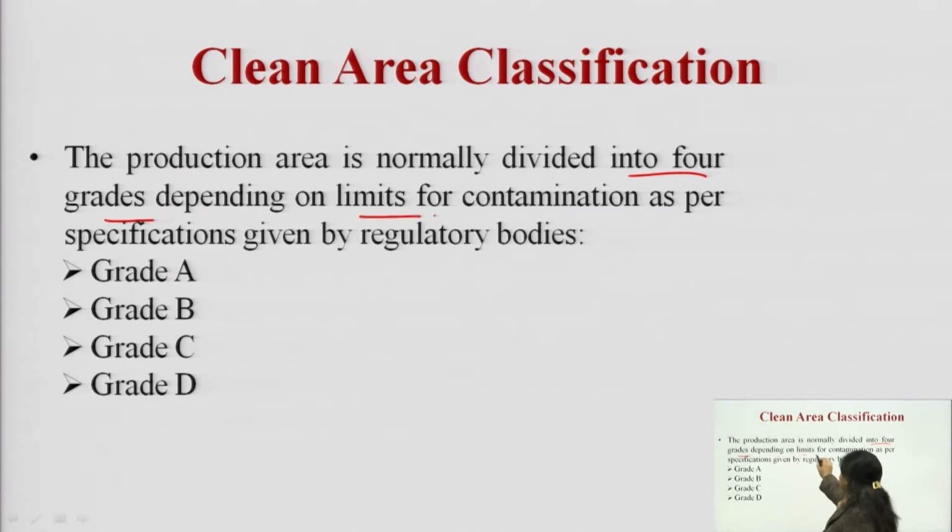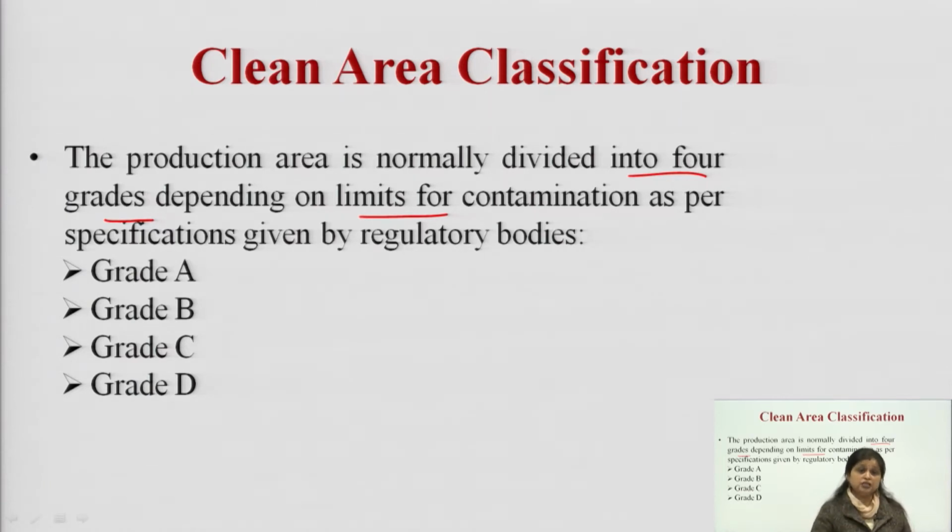As I told in my previous lecture, they depend upon the limits: the limits for dust particles and the limits for microbial contamination. Depending upon the limits of contamination, our regulatory bodies have classified the clean area into various categories.